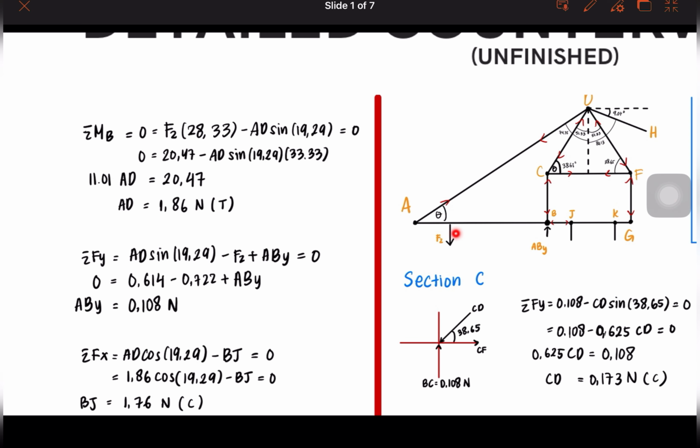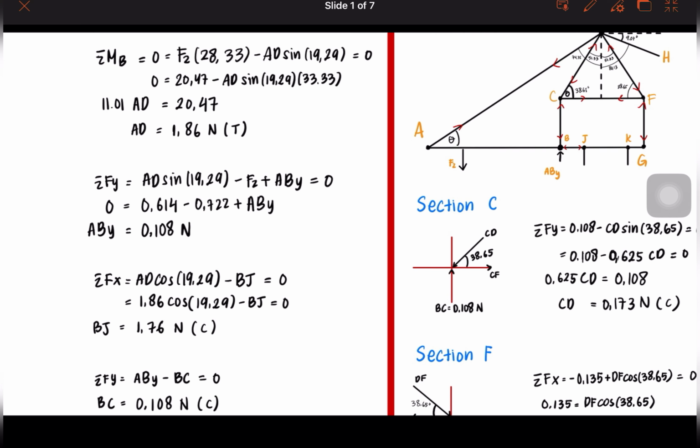So for F2 times the distance to point B, we minus AD sin of the angle, which is 19.29, times the distance to the moment at B. Then we got AD as 1.86 Newton, tension, which means it's going away from the pin.